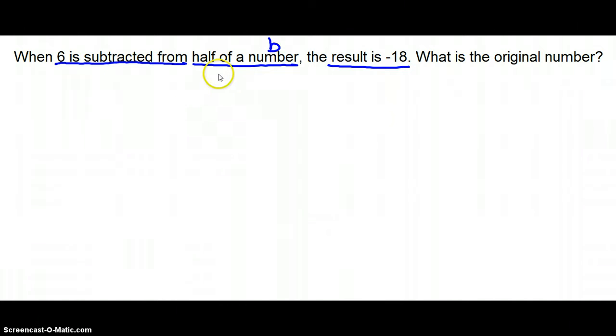Okay, so let's start with this on the right. Result is negative 18. Well, result means equals negative 18. Okay, so we got that out of the way. Now, let's look at this. Half of a number b means that we are going to have 1/2 times our variable b.